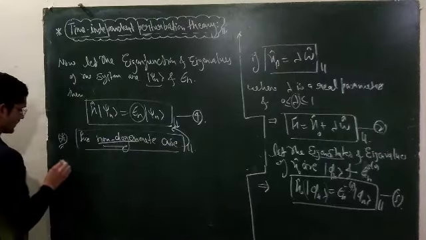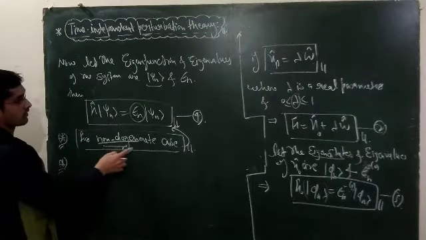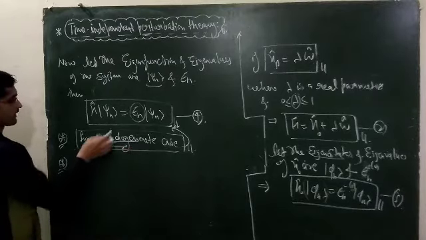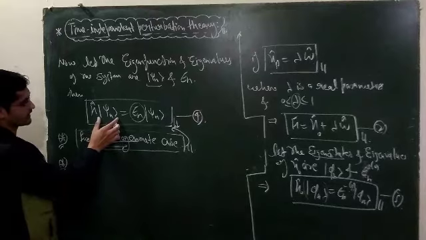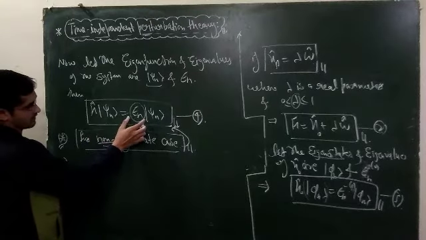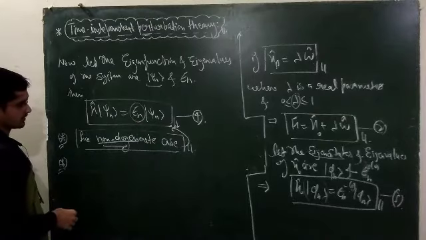Now the second and most important assumption in time independent perturbation theory for the non-degenerate case is that these states and these eigenvalues can be expanded as a power series of lambda.